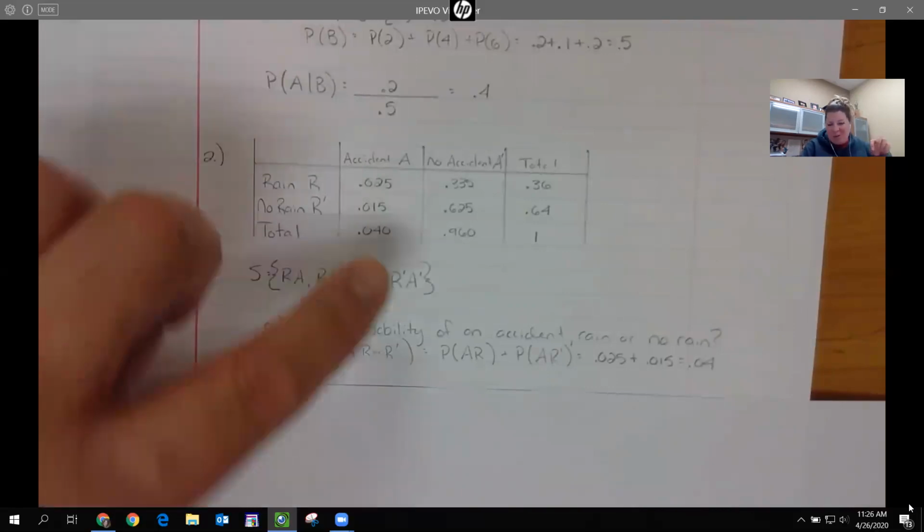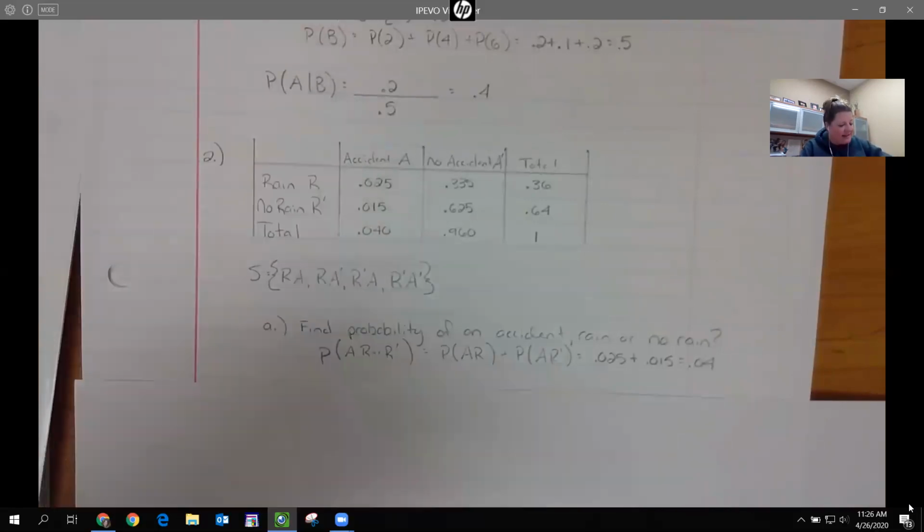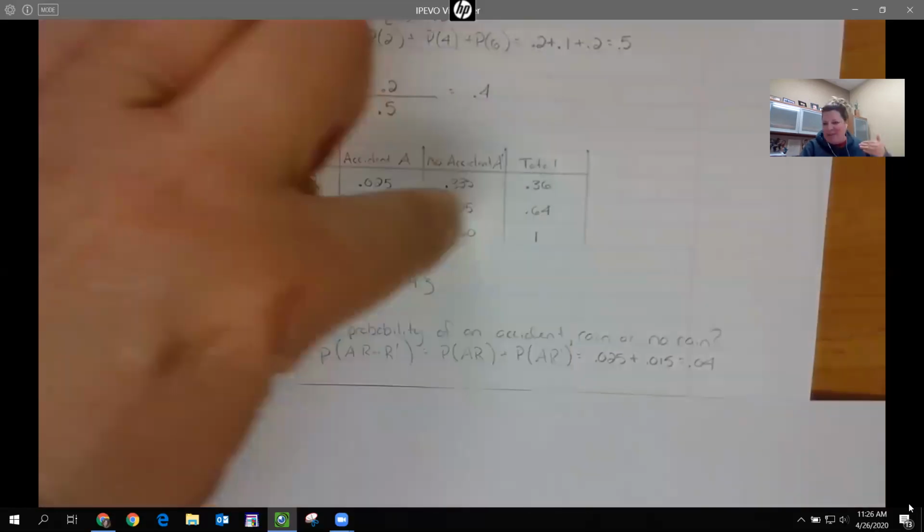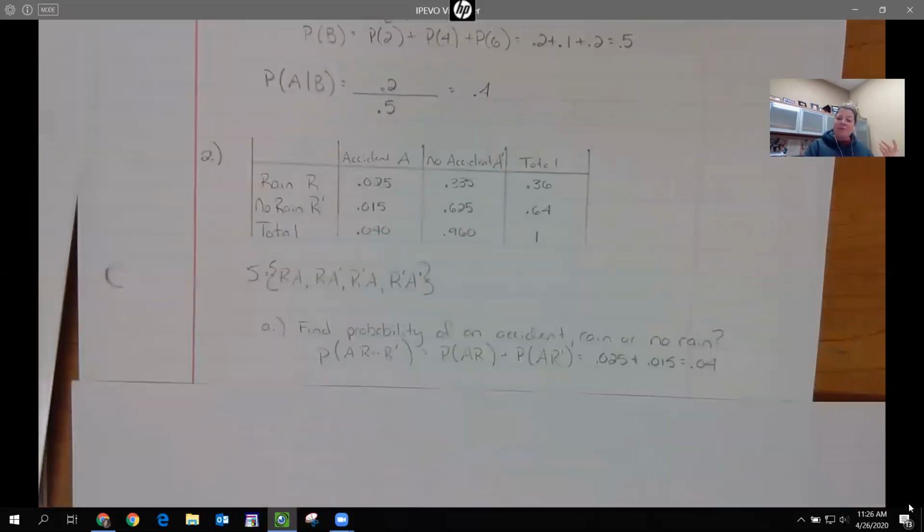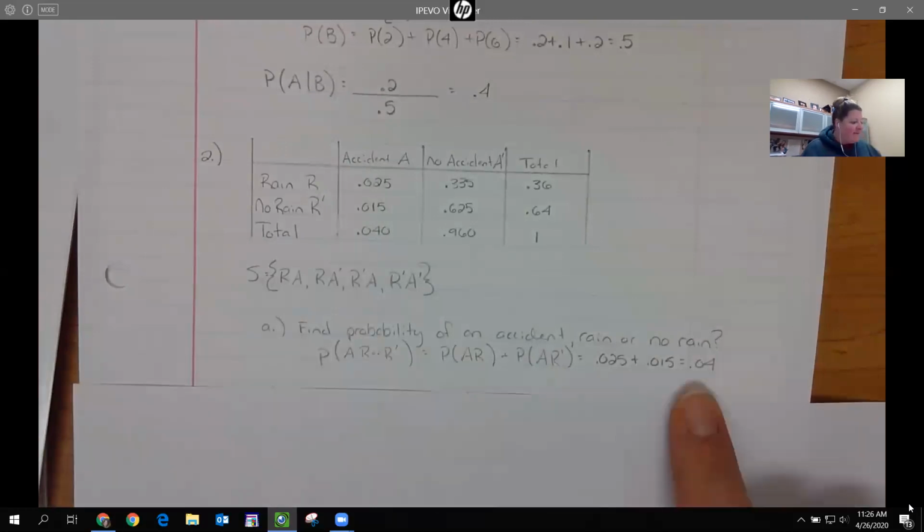Sometimes they don't have the total lines on there. They might just have those four, and you'd have to actually add them. But some of them do give you the total. So we can see that the probability of an accident is about 4%. I don't know if this is accurate or not. A lot of times they look up real data, but I'm not really sure.